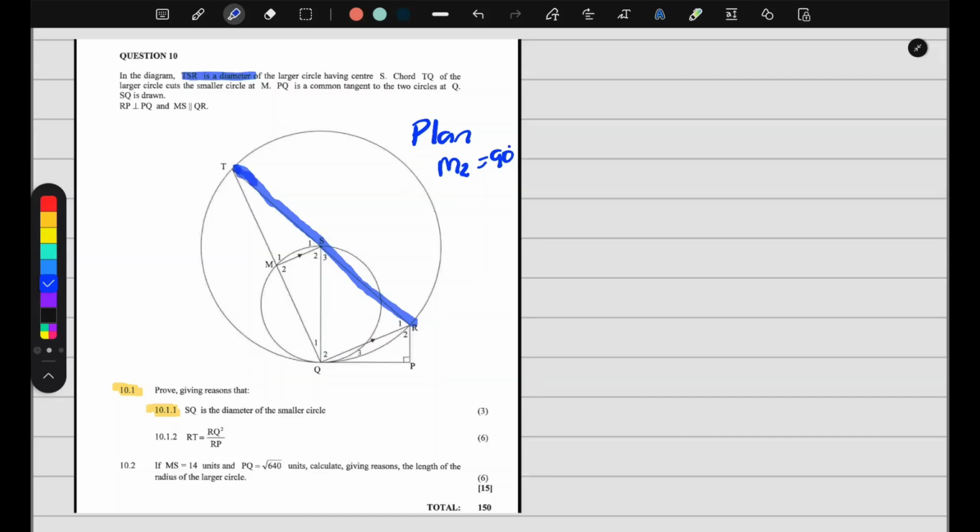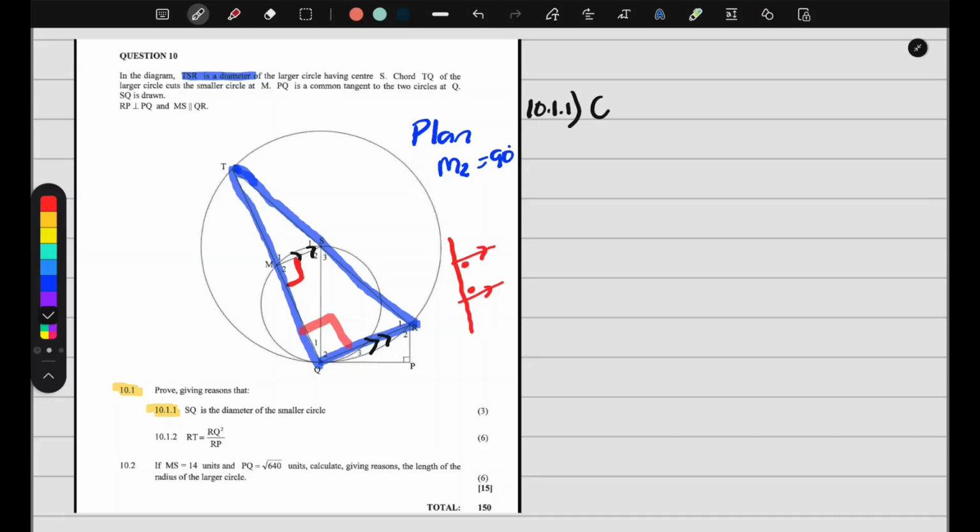So because that is a diameter, we have angles in a semicircle. So R goes to Q and T goes to Q, and Q is on the circumference. That means this whole angle is 90. And we know that this line is parallel to that line. So because they are parallel, isn't this also 90 then? Because of co-interior angles. So if you have two parallel lines and a line like that, this one plus this one is 180. So let's write that down, 10.1.1.